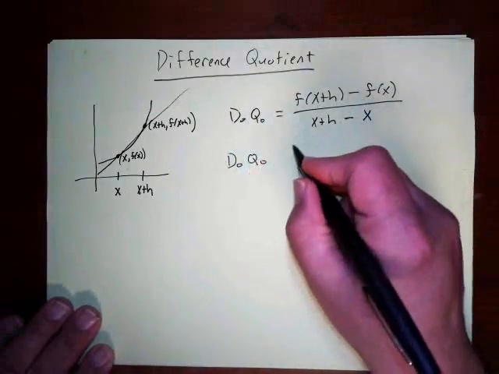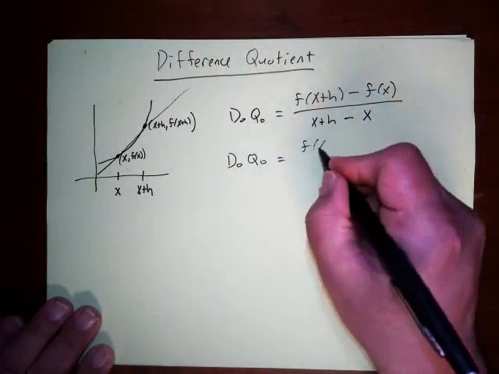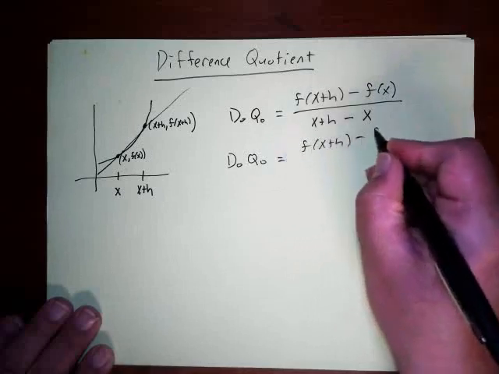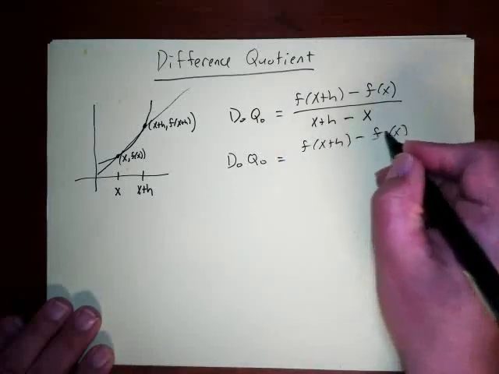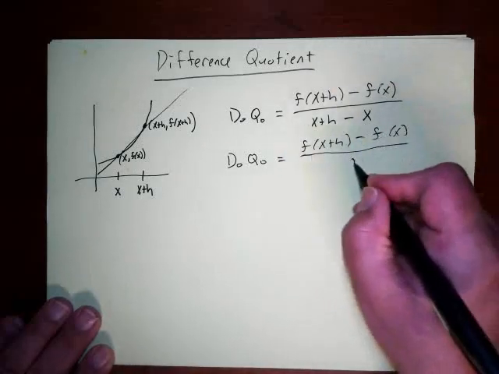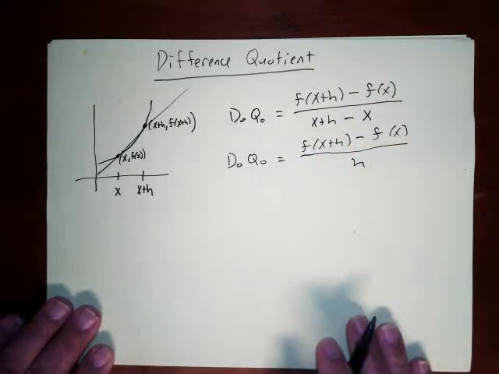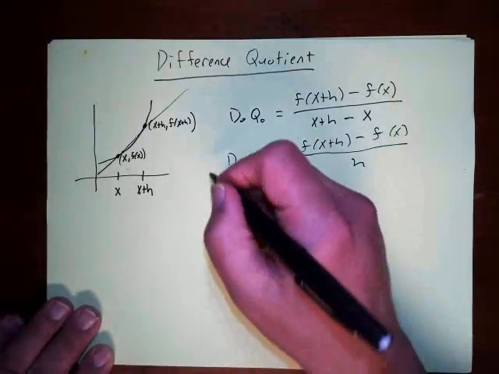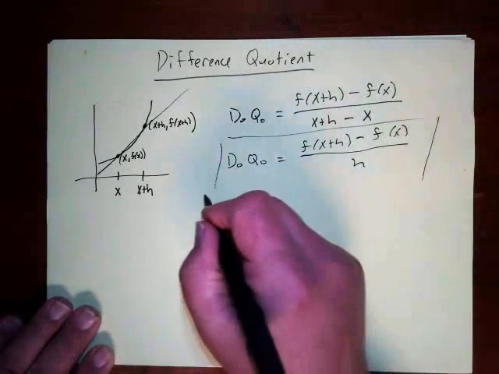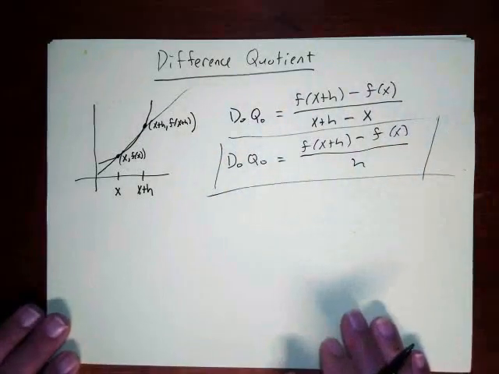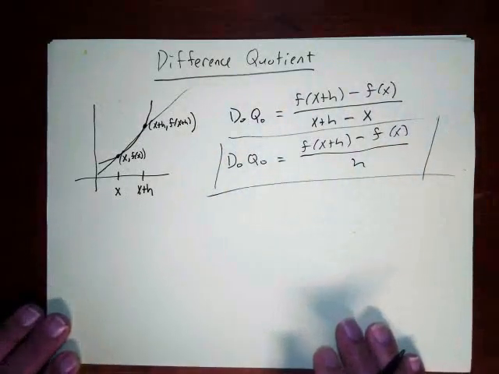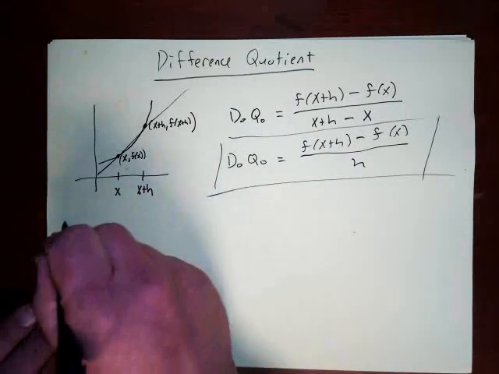So the x's cancel out, and our difference quotient would be f of x plus h minus f of x all over h. Okay? And this is going to be kind of our alternative way of looking at the difference quotient. And let's do an example to show you why this might be useful.